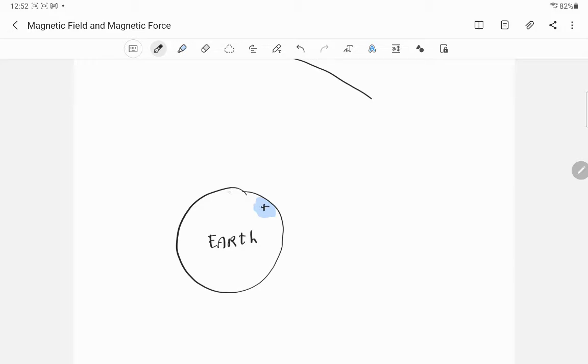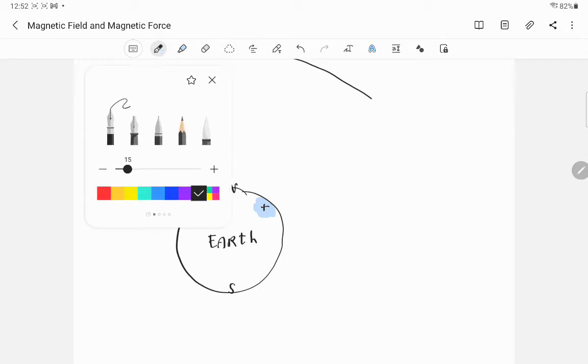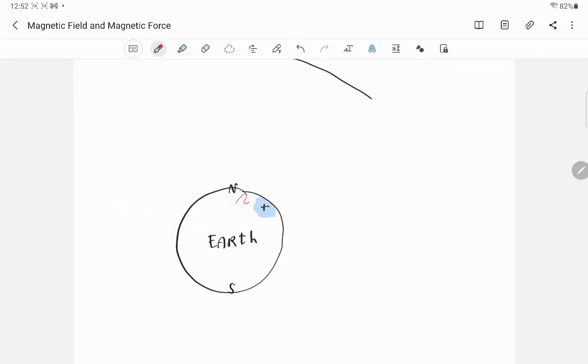And then more than that, there is a North Pole and a South Pole. You know that the Earth comes with these poles. Strangely enough, the North Pole is actually magnetic south. That's weird, but it is magnetic south.